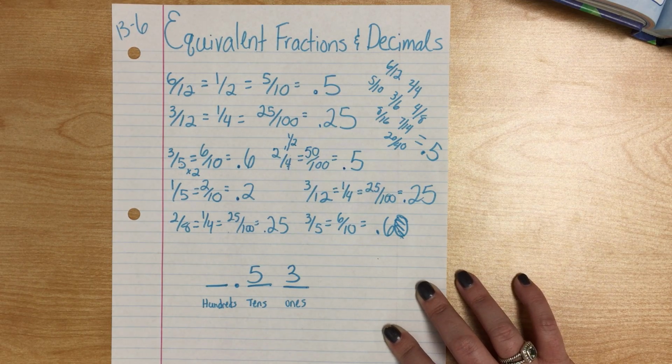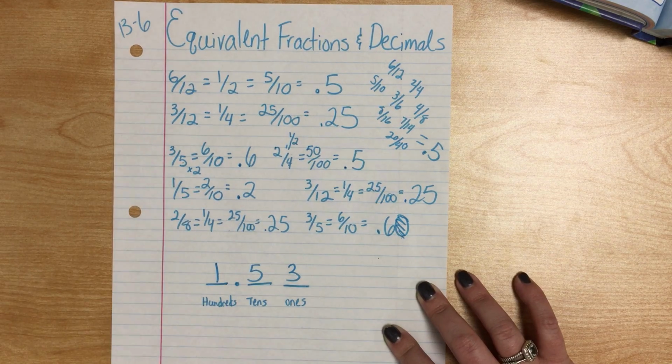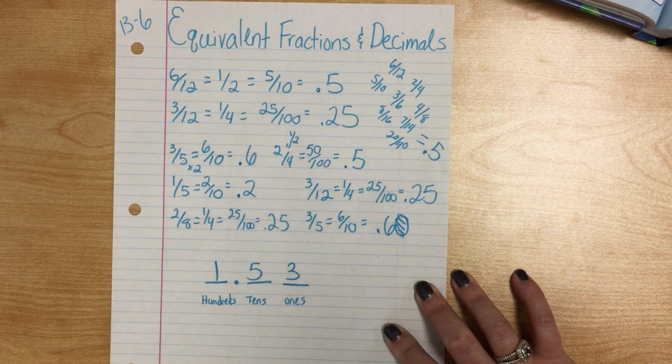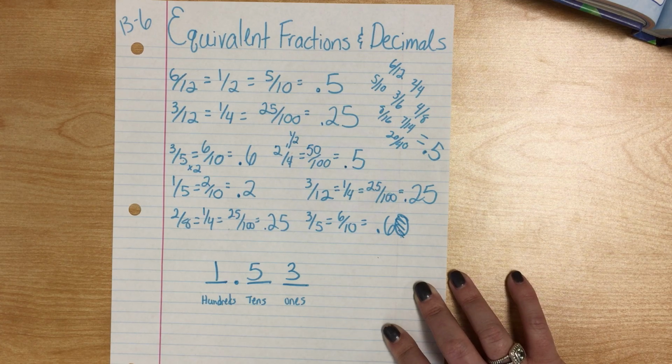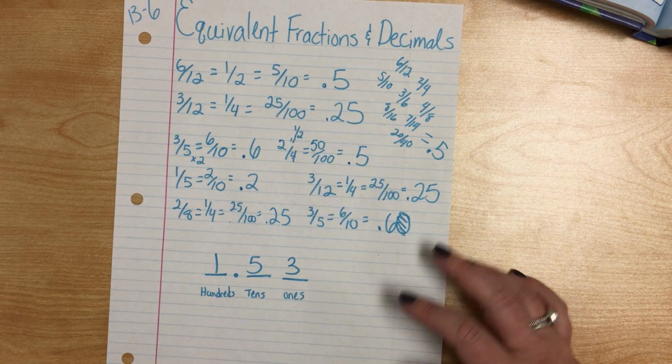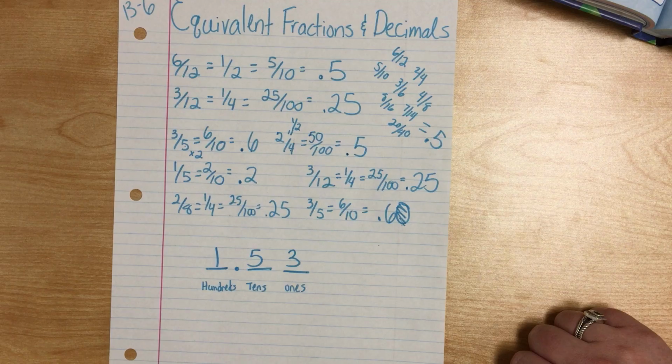And if I have a whole 100 pennies as well, I have an additional dollar. Okay? So only multiples of 10 can be over 10. You will never see 25 over 10. It will only be 2 over 10. If it's 25, it becomes 25 over 100.